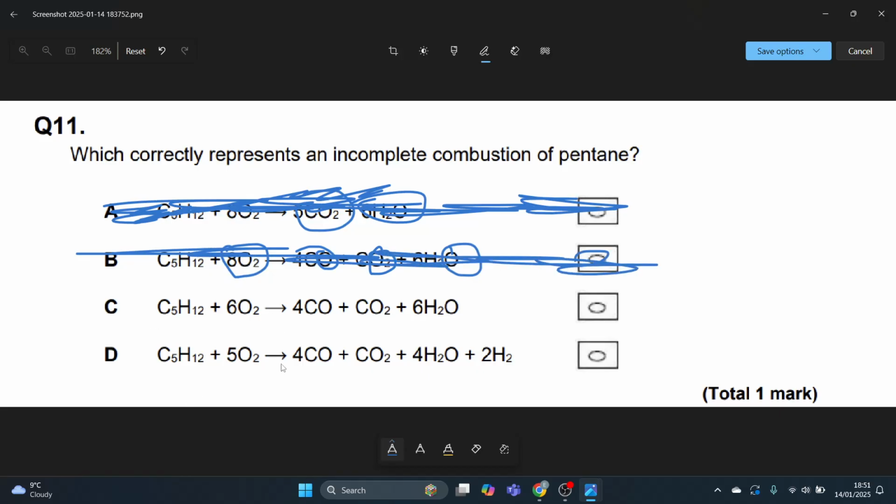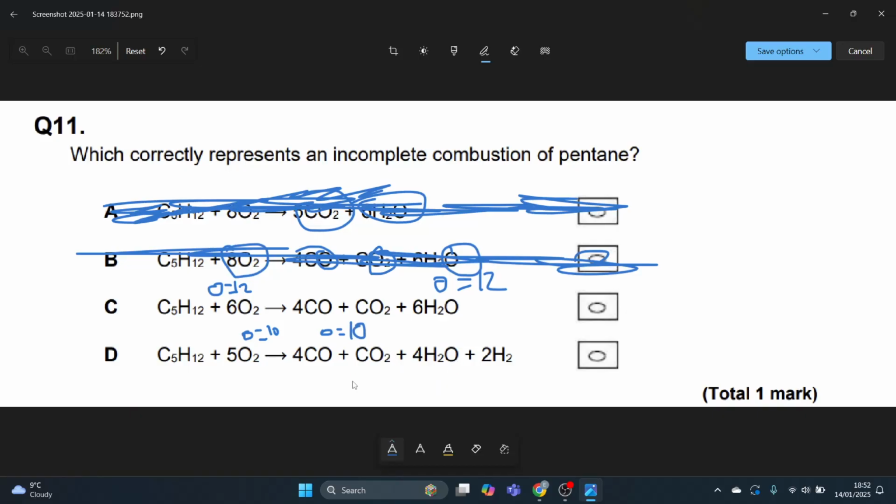Okay, so I'm left with C and D. I've got 12 oxygens here. In this case, I've got 4 plus 2, 6, and I've got another 6 here, so oxygens are balanced. Whereas in this one, oxygen equals 10: 4 plus 4, 4 plus 2 is 6, 6 plus 4 is 10.